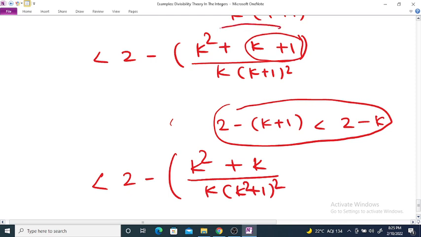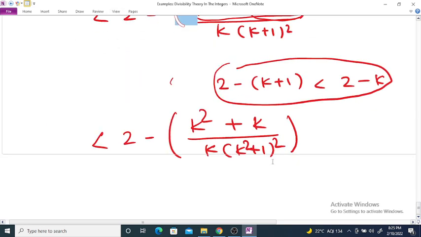We write k square plus k plus 1, which is less than k square plus k, because of the minus sign here.